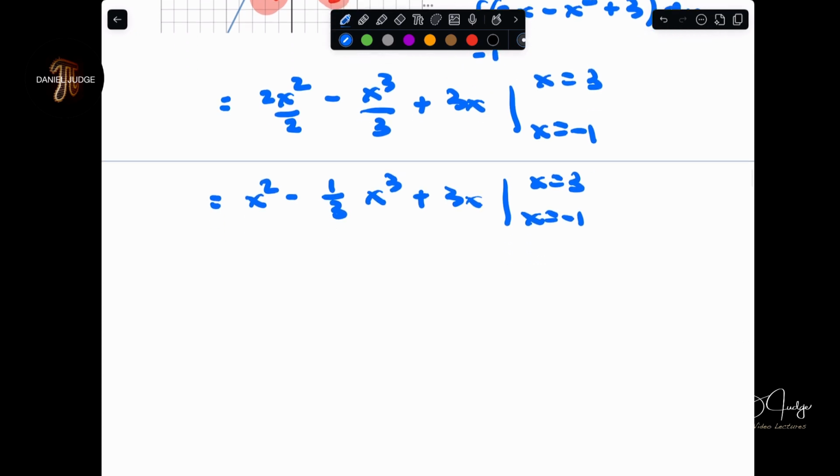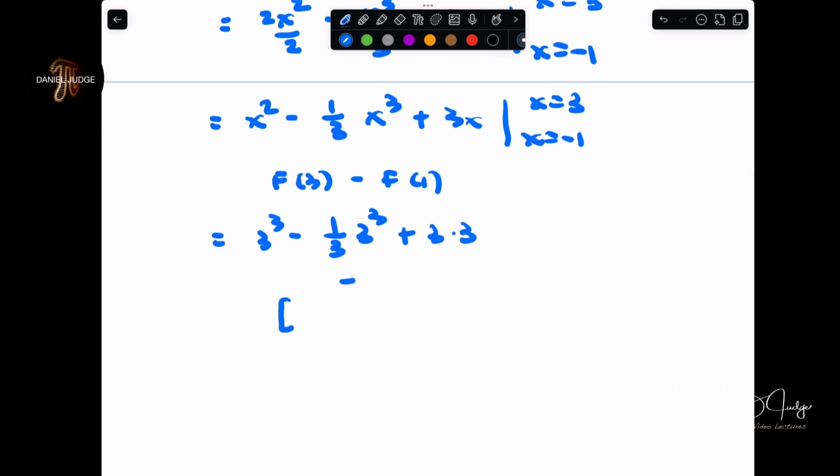Remember, you're going to have the antiderivative F of 3 minus F of -1: 3 squared minus 1/3 of 3 cubed plus 3 times 3, minus, -1 squared, minus 1/3 of -1 cubed, plus 3 times -1.